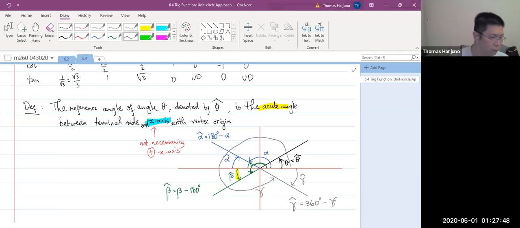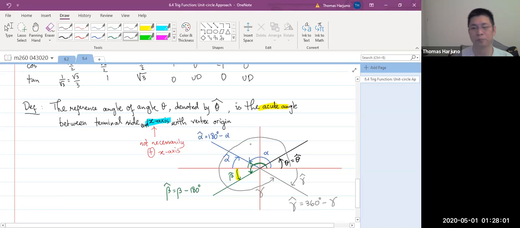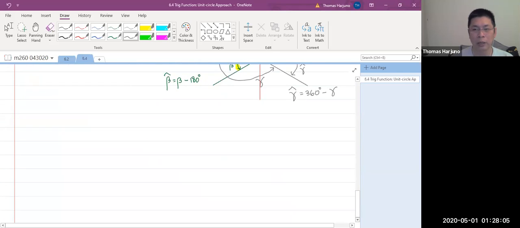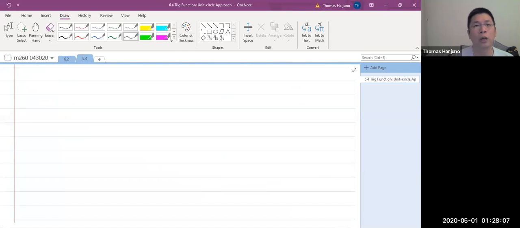Now you will see that computing the special angles in quadrants 2, 3 and 4, and other angles later on, relies heavily on this reference angle approach together with the unit circle. Let's start taking a look at this situation here.